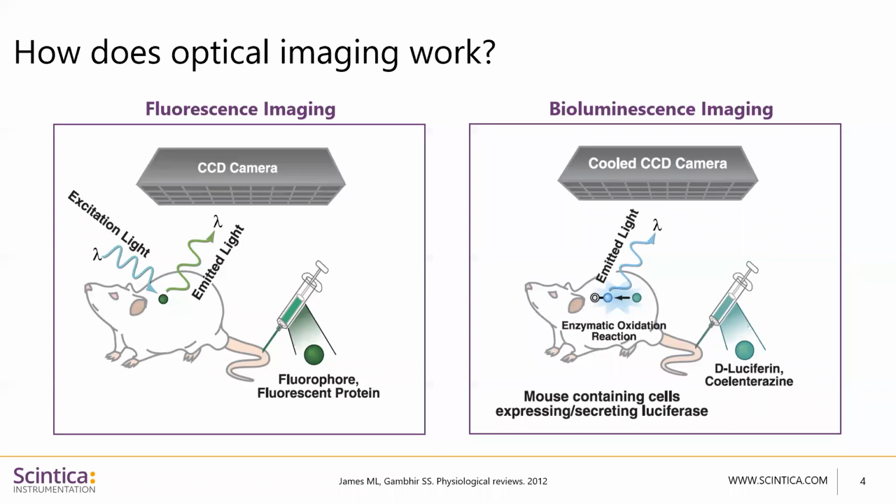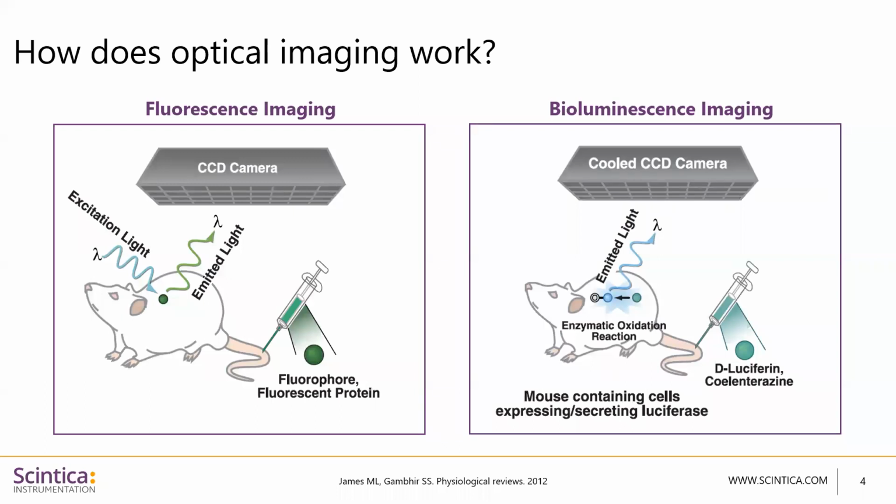In the case of using a protein such as GFP, you'd have to first engineer the cell line of interest to express the GFP, or you could purchase, for example, a transgenic animal that already expresses the reporter gene of interest, and then you would illuminate the subject. We'll talk a little bit about this in the coming slides.